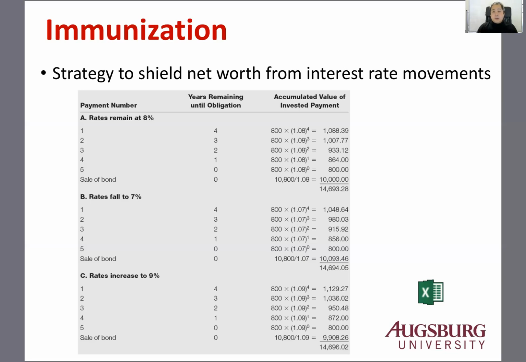Similarly, other institutions such as pension funds, which provide retirement funds, also have liabilities to pay, and they also receive assets, right? They usually have to pay every month, but their assets are quite long term.